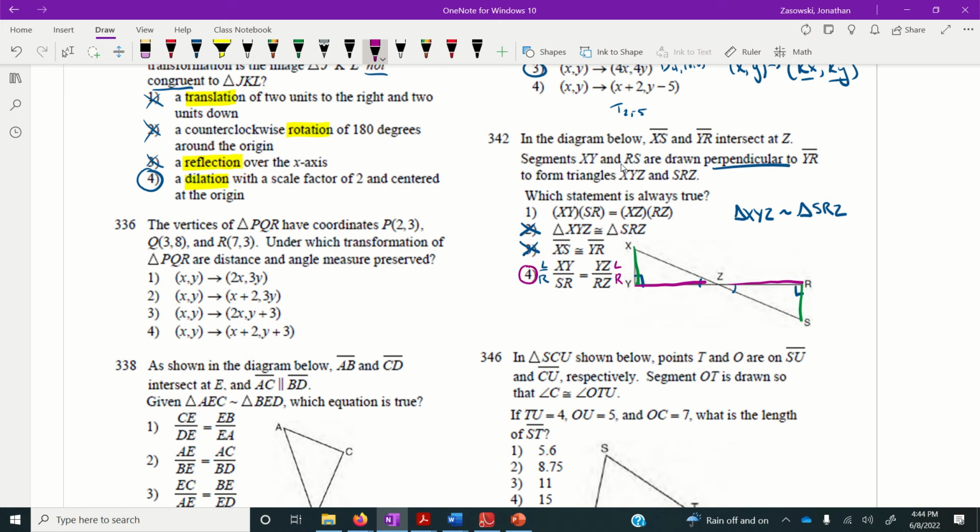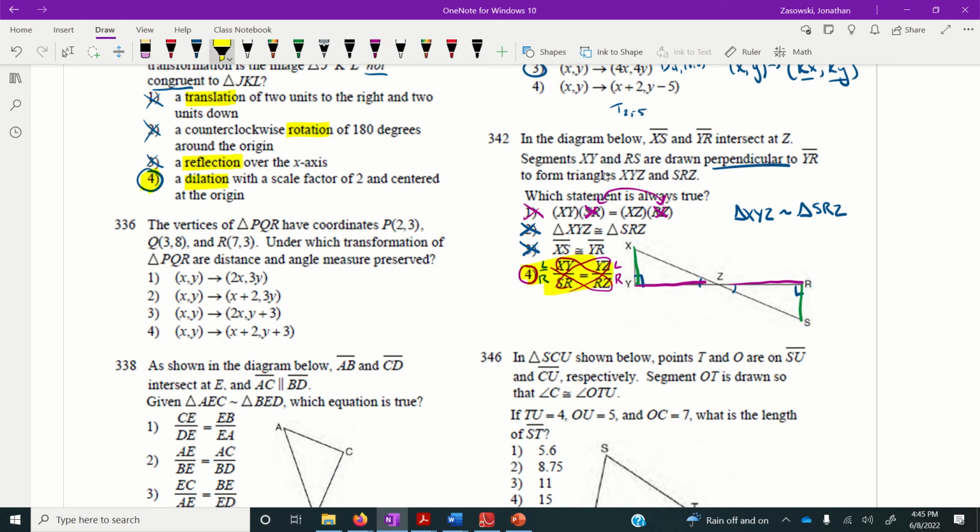All right, now if you cross multiply this, notice that we would get XY times RZ equals YZ times SR. And this is actually backwards, right? This and this should be switched in order for this to be true. So that's why number 1 is out, and we would pick 4 as our answer.